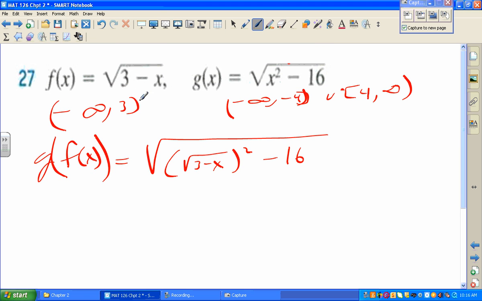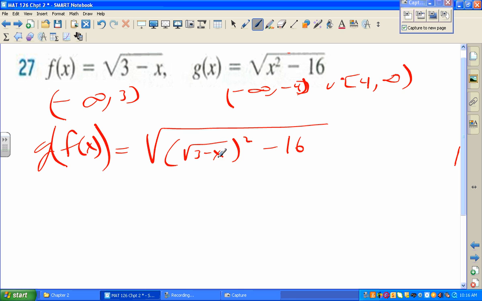The first domain stays true: x has to be less than 3, otherwise you'll get an undefined right here. Next, if you put 3 in there, you end up with 0, and 0 minus 16 is 4i, so there are some additional restrictions as well.